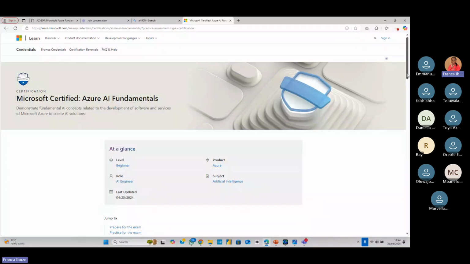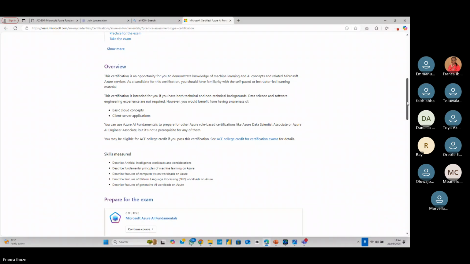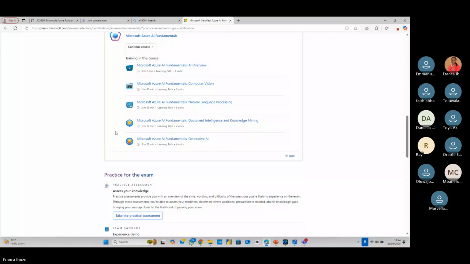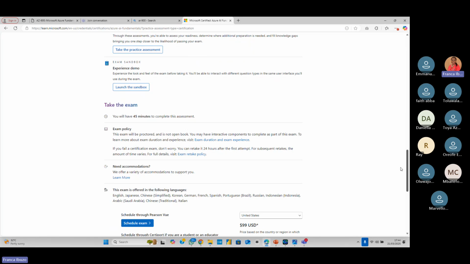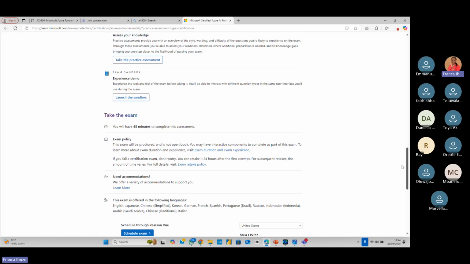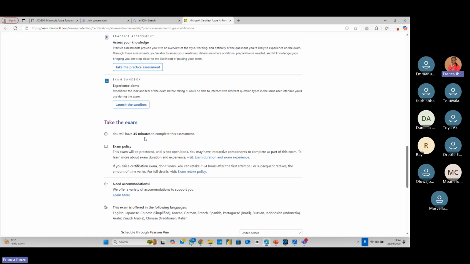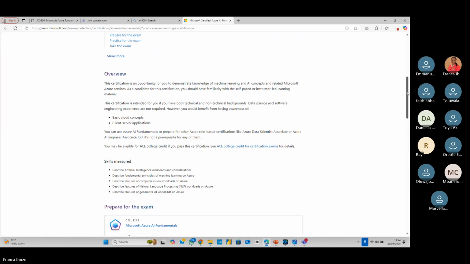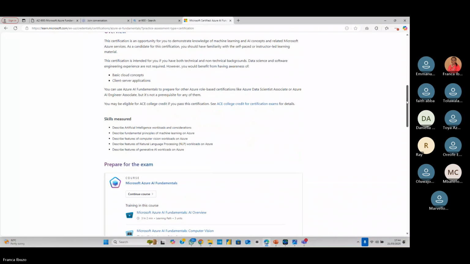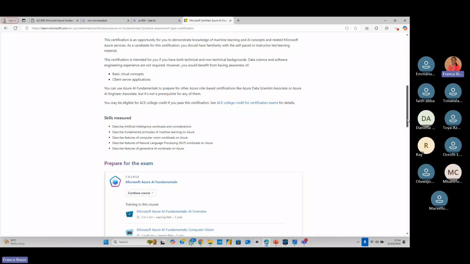Okay, the learning path I was showing you here, go through it, and you can see that the exam will be 45 minutes. Also, if you look at the skills measured here, which is what we've done, the modules we've covered.